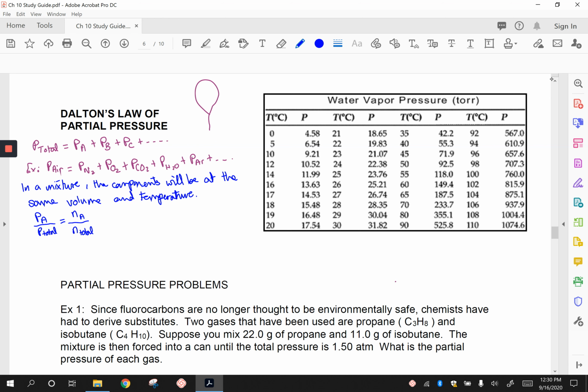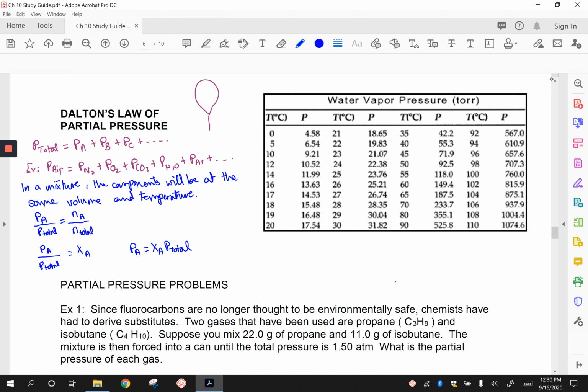Well, moles of A over total moles, that's the mole fraction, right? So we can write it as the partial pressure of A over the total pressure is equal to the mole fraction of A. We can rewrite this as the partial pressure of A is equal to the mole fraction of A times the total.